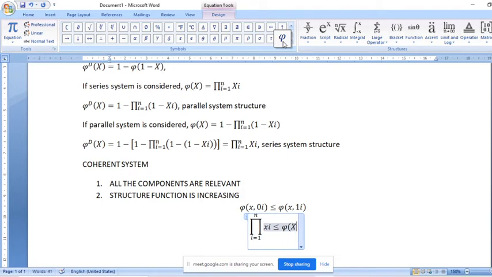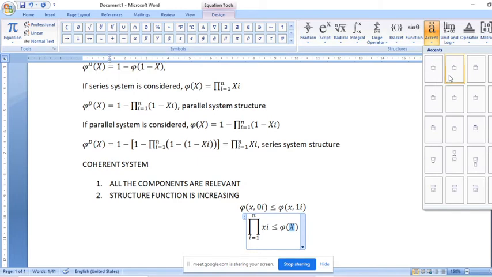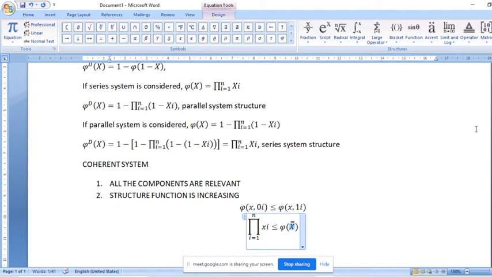Vector x we denote with capital X, or we can put a vector mark here. Vector x means x1, x2, etc. You can use any of the notations.